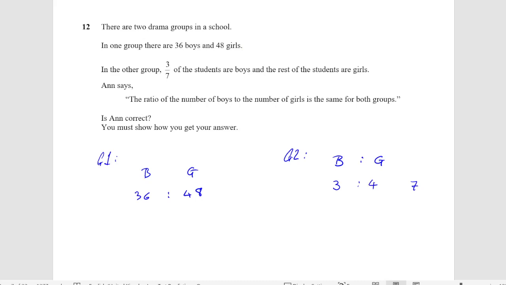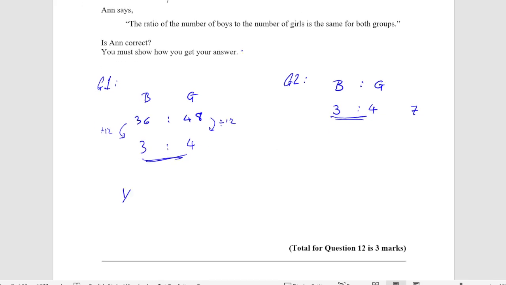So we need to simplify this ratio down, and I'm just thinking 12 goes into them both. If I divide these by 12, 36 divided by 12 is 3, and 48 divided by 12 is 4. So is Anne correct? Yes. Both ratios are 3 to 4.